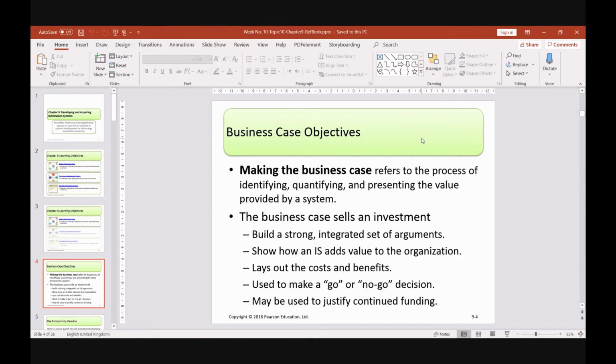For example, you want to win a project. There's one project and many companies are applying for that. How can they win that project? They need to present their case. Another example in an organization: you are the CEO and you want to acquire a new information system, you want to purchase a new system, but you need to take a decision.